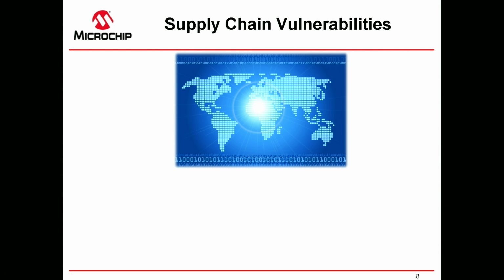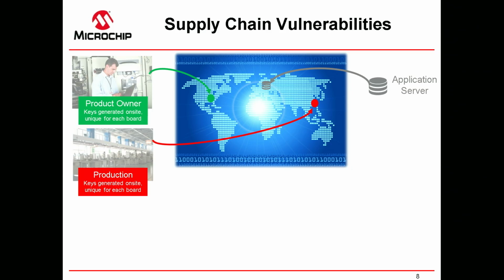Well, in LoRa, that's kind of what happened. We have a pretty messy challenge in the supply chain. To illustrate that, if you think about the business ecosystem of LoRa, you have a product owner. It's you guys. You develop the end product. You will contract a production site, a contract manufacturer, to manufacture your devices at scale. And then we have an application server where the keys need to go.